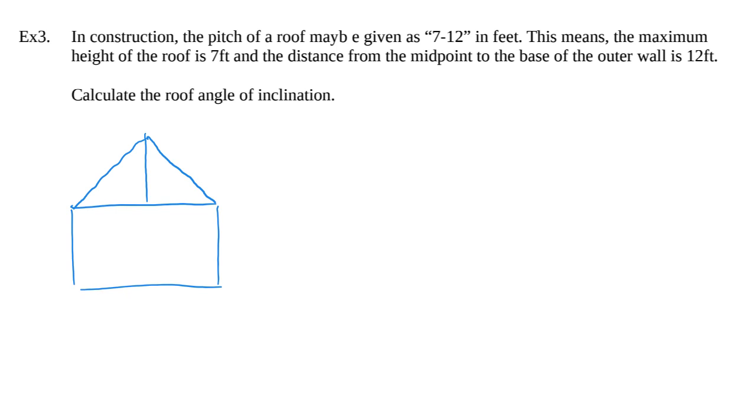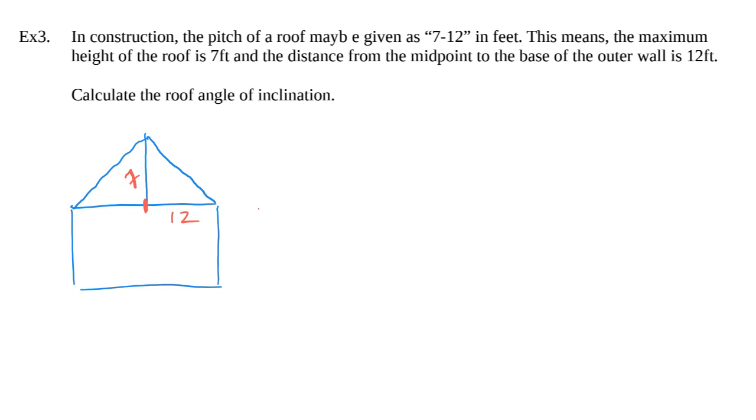So this means that the maximum height of the roof is 7 feet, and the distance from the midpoint of the roof, which is right here, to the edge is 12 feet. So what is the angle of the roof?